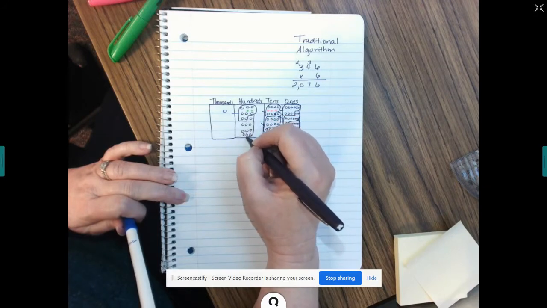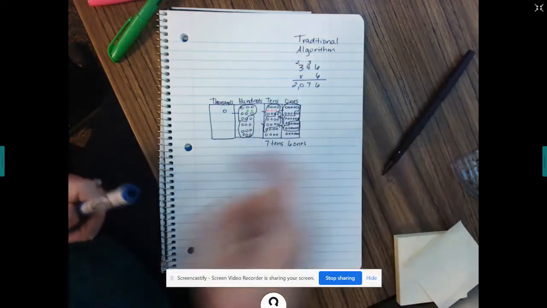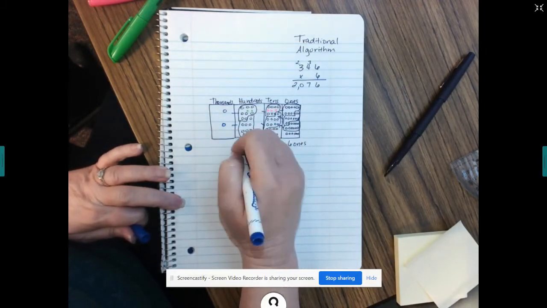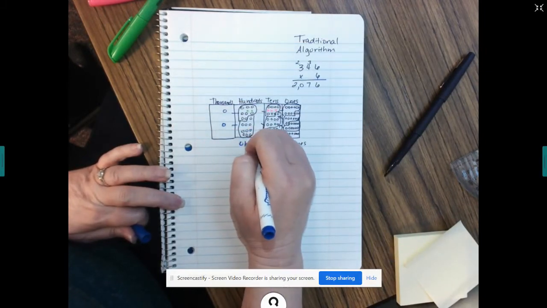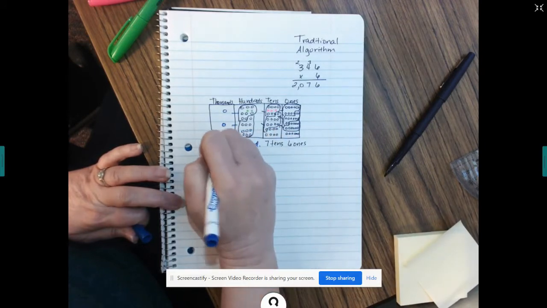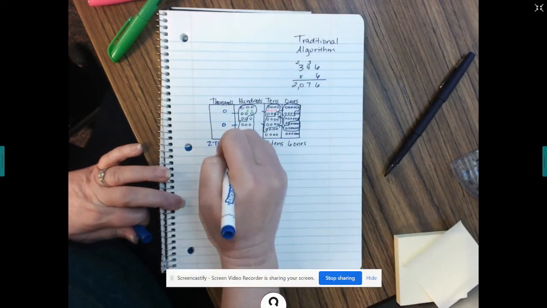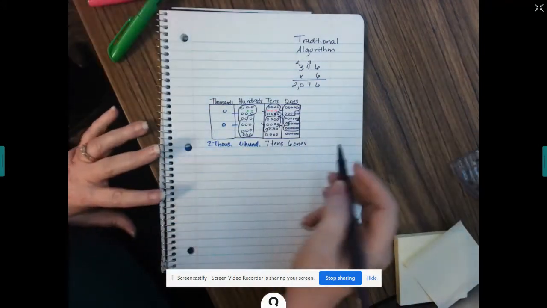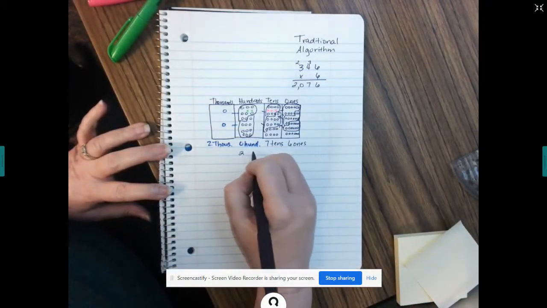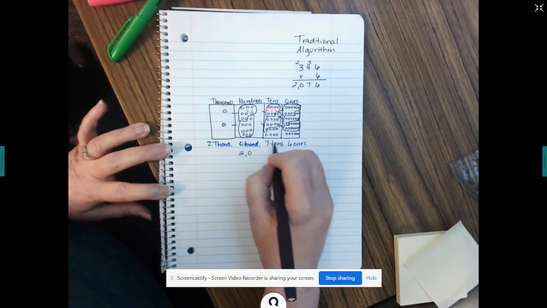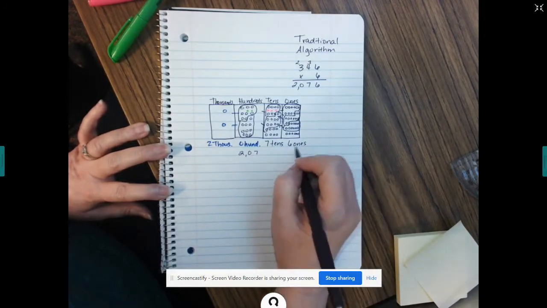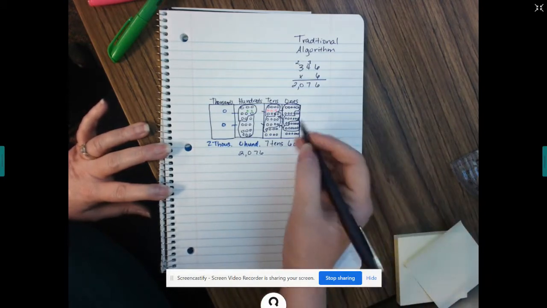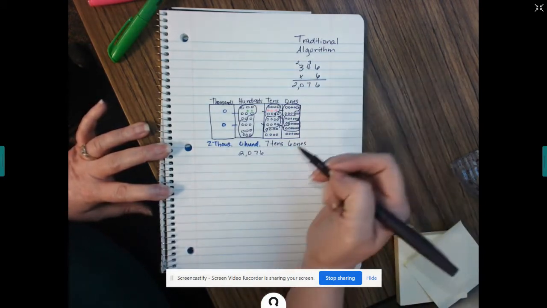All of these make another 1,000. So now I have 0 hundreds and 2 thousands. Okay, so when I add these together, I have 2,000, 0 hundreds, 7 tens means 70, and 6 ones means 6. So you see we get the same answer here.